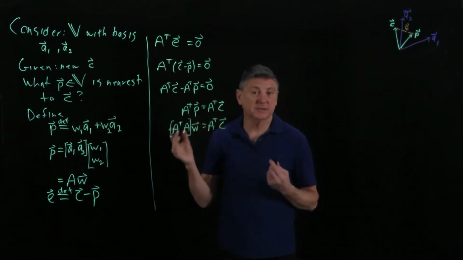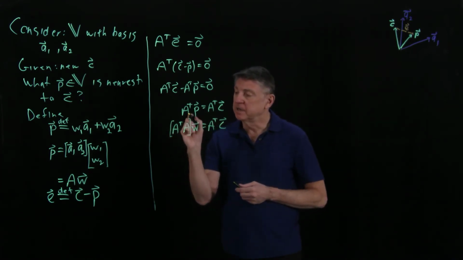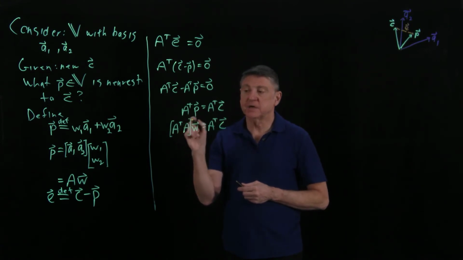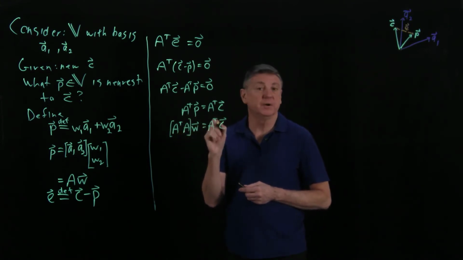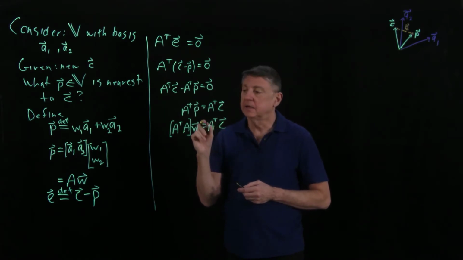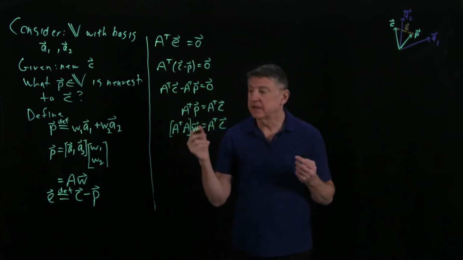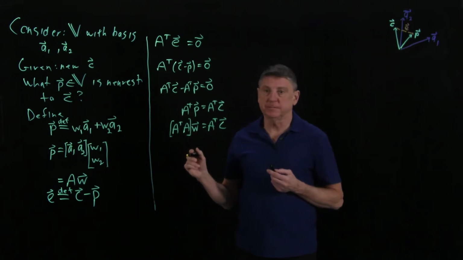Because now we have a simple linear equation, which is that a known matrix times an unknown vector equals a known vector. And the question is, does this have a solution?